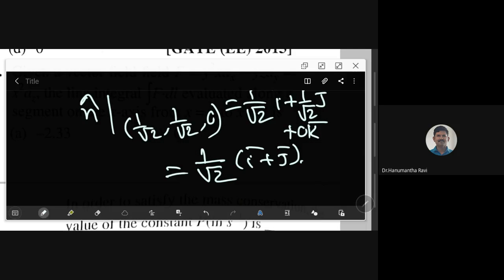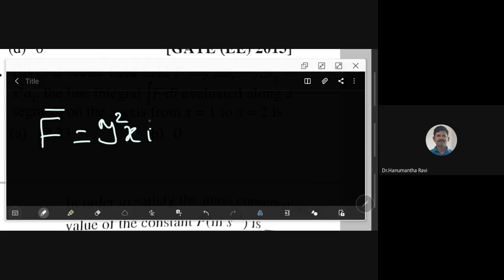Now in this problem, what is f bar? f bar is y square x I bar minus yz j bar.